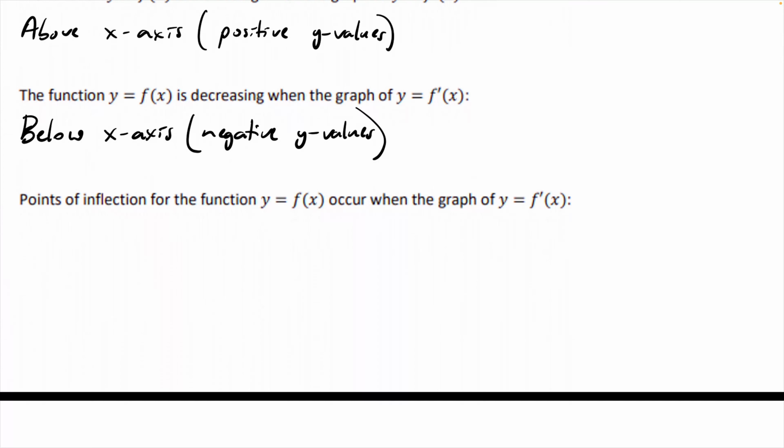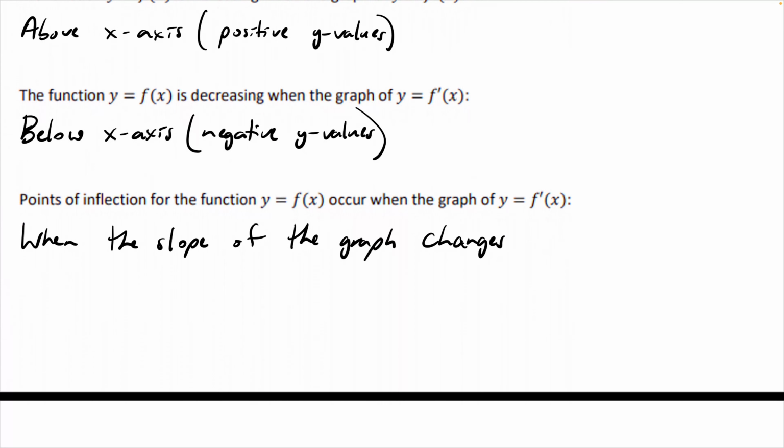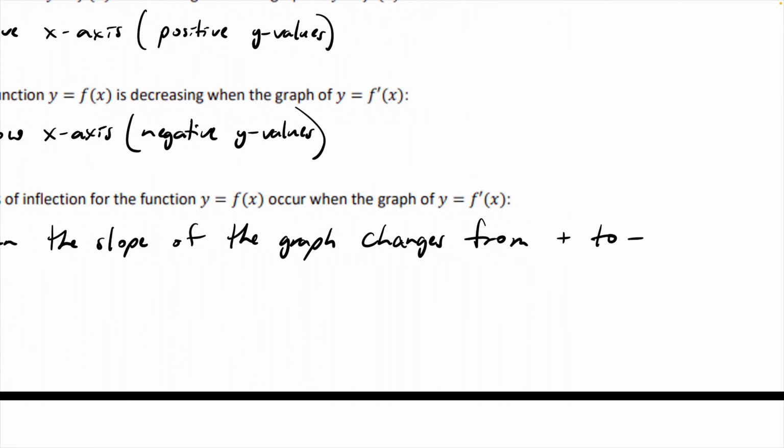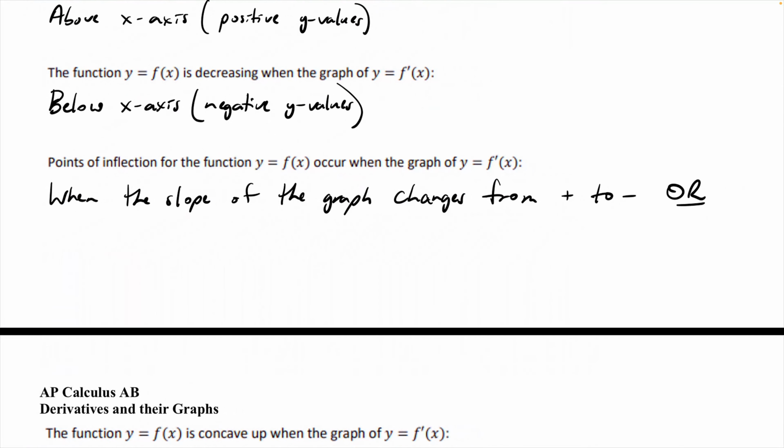When the slope of the graph changes or switches from either positive to negative or negative to positive.